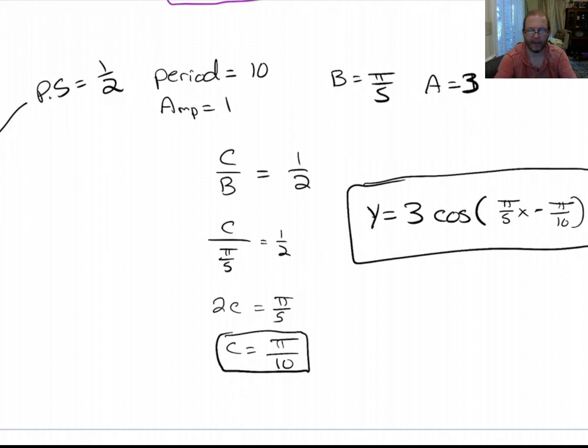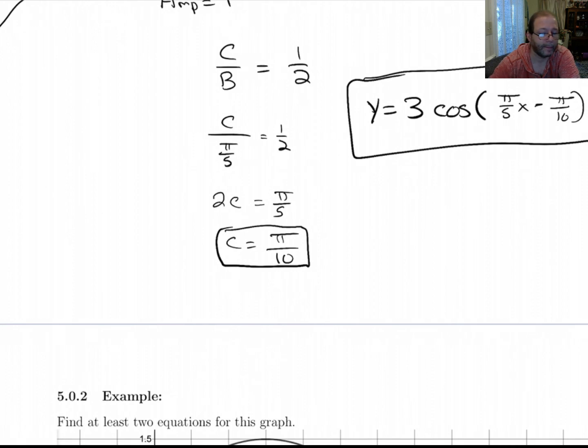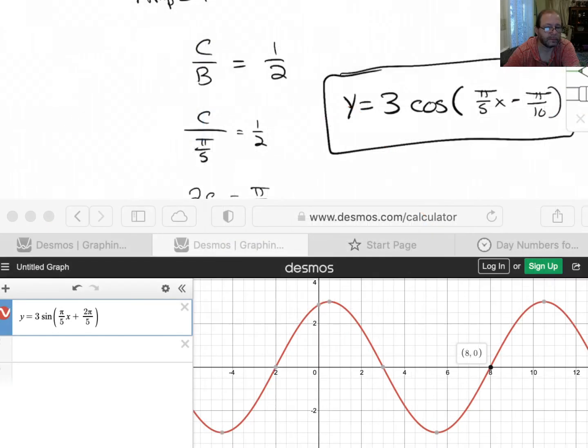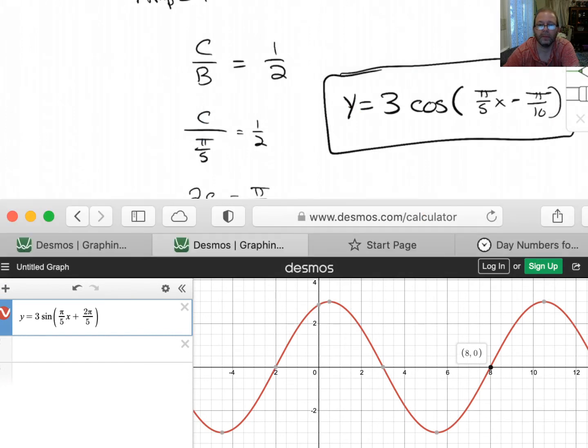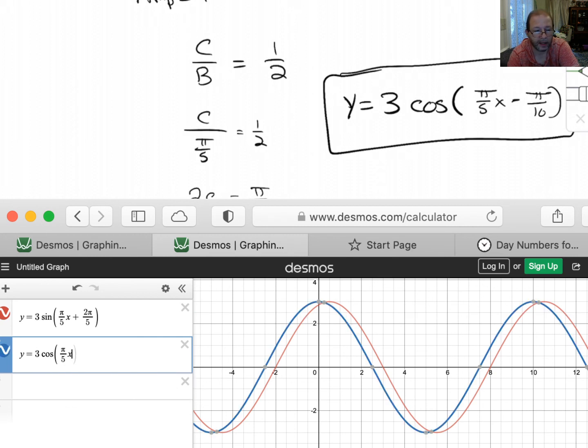So let's graph that and see if we get the same thing. All right. So y equals, next line, y equals 3 cosine pi/5 x minus pi/10.